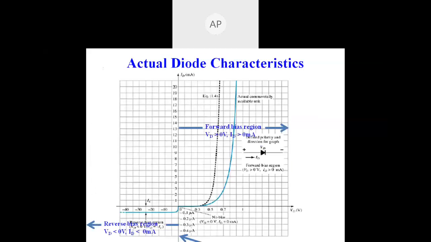Next, peak inverse voltage. It is the maximum reverse voltage that can be applied to the PN junction without damage to the junction. If the reverse voltage across the junction exceeds the peak inverse voltage, the junction may be destroyed. Yes, guys, here it is the maximum voltage you can apply.